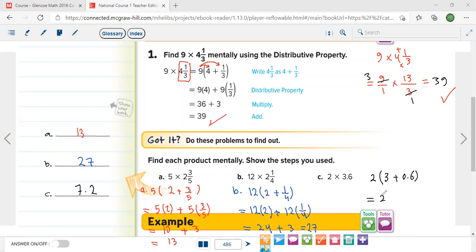So it's like 2 multiplied by 3 plus 2 multiplied by 0.6. 2 multiplied by 3 will give you 6. 2 multiplied by 0.6 is 1.2. So finally, 6 plus 1.2 is 7.2, as I mentioned in problem C.